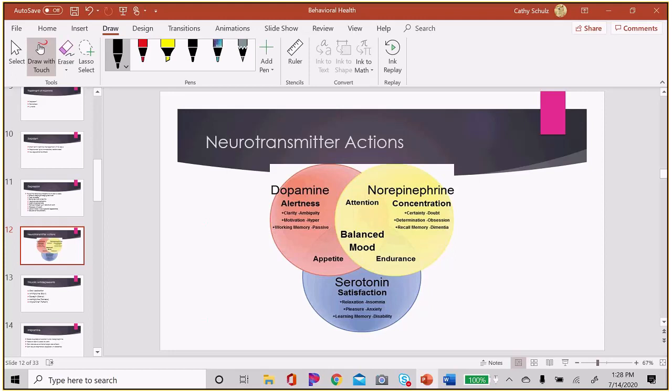So dopamine is one of them. Contributes to alertness and some motivation and memory. Norepinephrine, which is important for concentration, memory, determination, and then serotonin, which is really pleasure, relaxation.